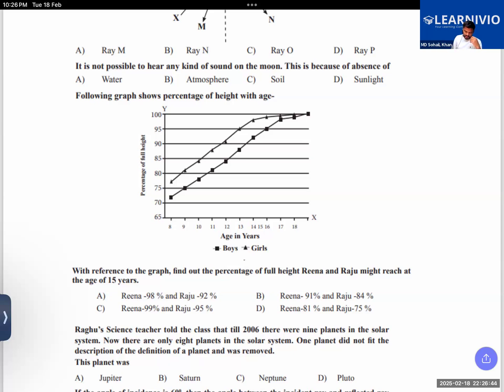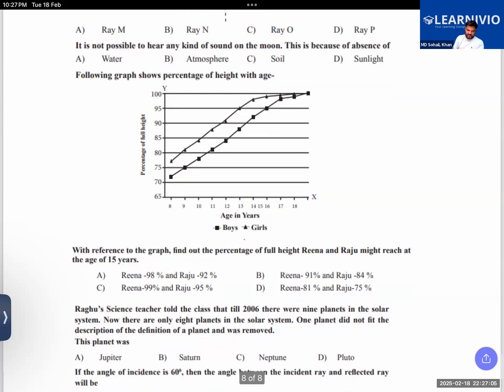Option A, no, it's going to be actually option C, because it's talking about the age of 15. By the age of 15, girls have acquired 99% of their height growth. As for the boys, they have acquired 95% of their height growth. So that's option number C actually.